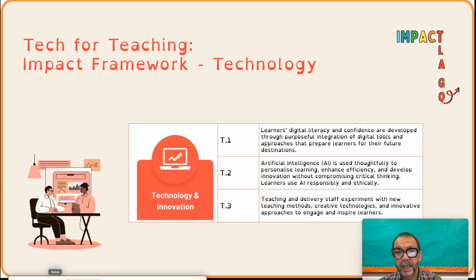T2, artificial intelligence (AI) is used thoughtfully to personalise learning, enhance efficiency, and develop innovation without compromising critical thinking. Learners use AI responsibly and ethically. And T3, teaching and delivery staff experiment with new teaching methods, creative technologies, and innovative approaches to engage and inspire learners.